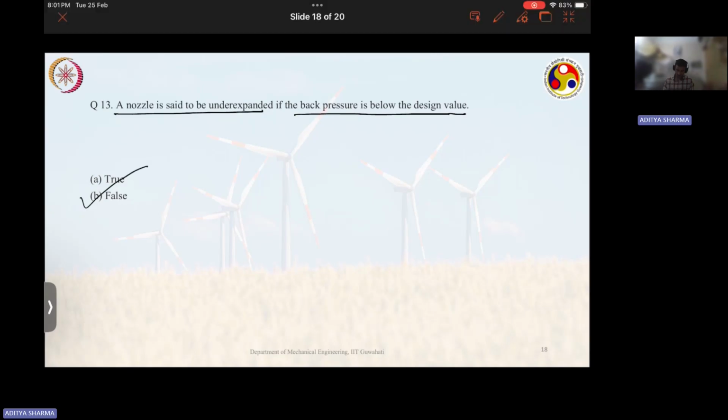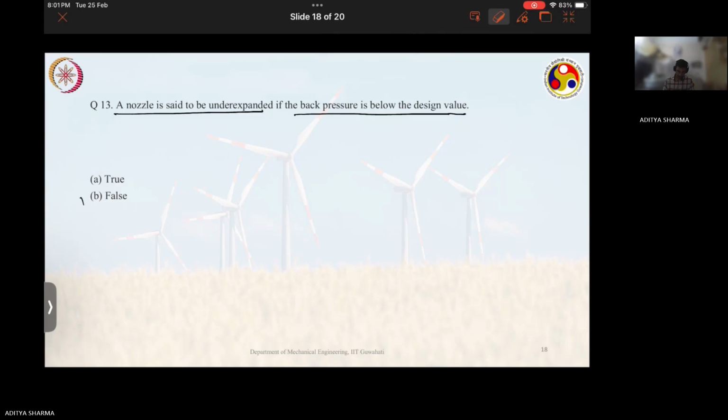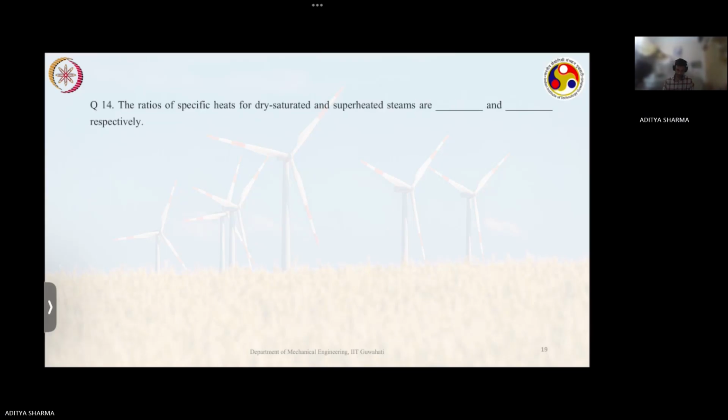Sorry, this is, I believe, a correct statement, because a nozzle is said to be underexpanded if the back pressure is below the design value. So this is a correct statement, right? Because your back pressure is less than the design value. Okay.